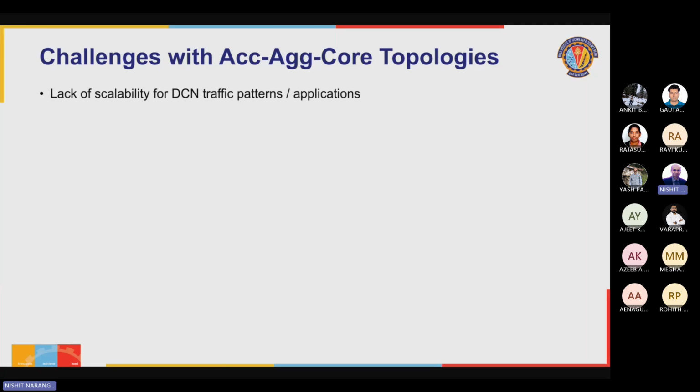The topology is not scalable for the modern data center network traffic patterns or the modern applications where we are seeing more server-to-server traffic. The reasons are, one, this flood and learn, self-learning model that we saw of the bridges or the switches. This doesn't scale.